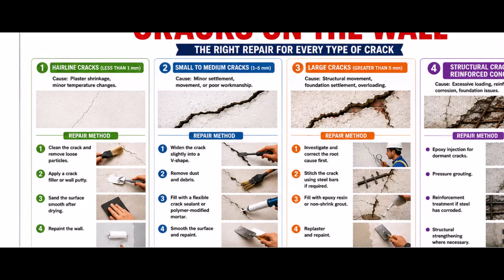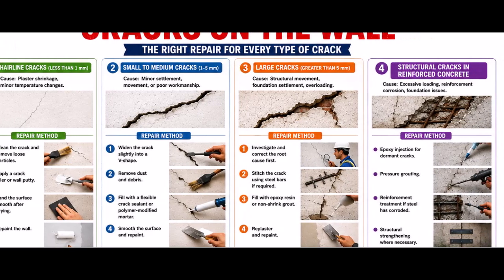The method for repair is step 1, epoxy injection for dormant cracks. Step 2, pressure grouting. Step 3, reinforcement treatment if steel has corroded. Then the last step, which is structural strengthening where necessary.